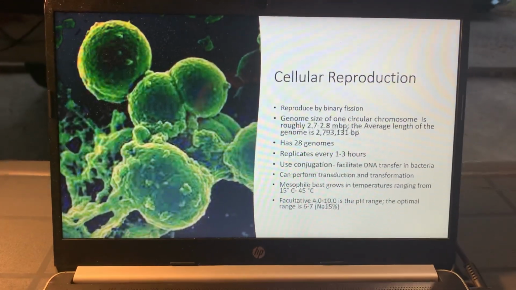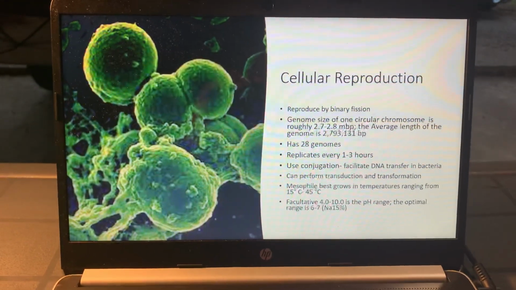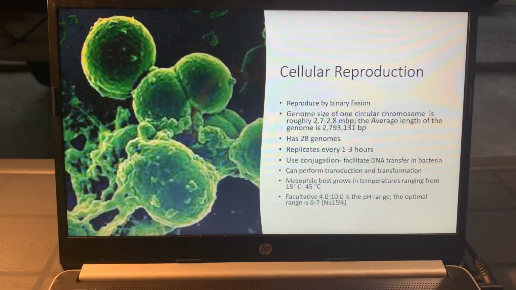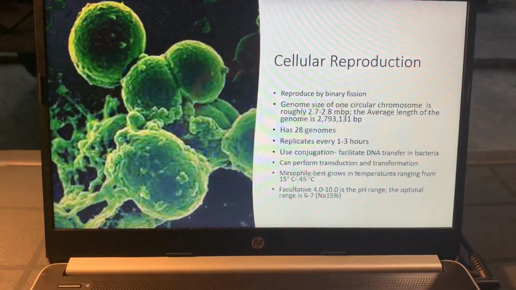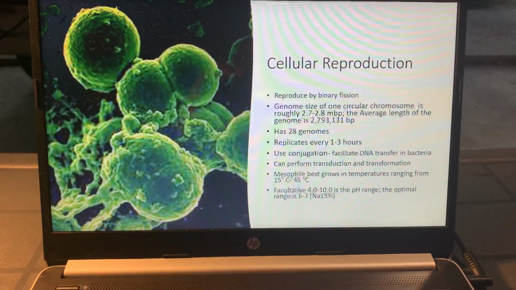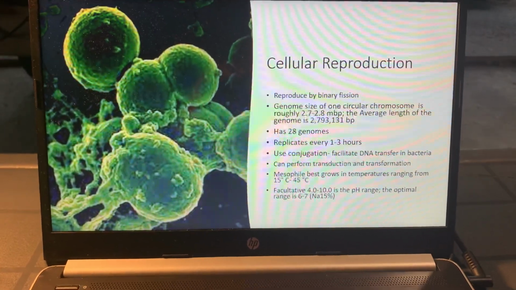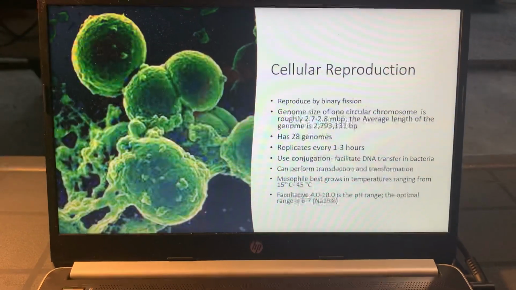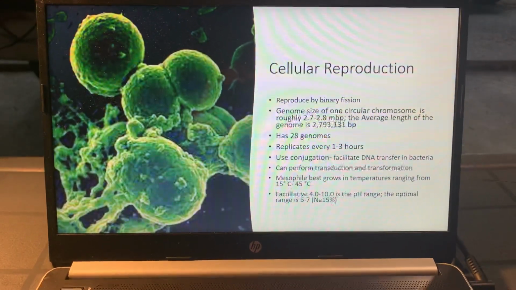It can replicate roughly every 1 to 3 hours. It uses conjugation to facilitate DNA transfer between bacteria, and it can also perform transduction and transformation.